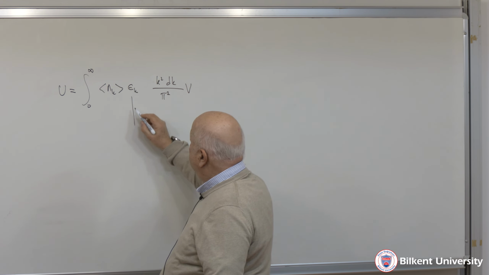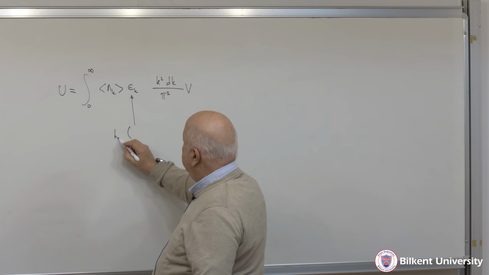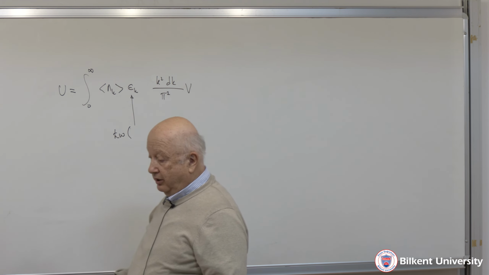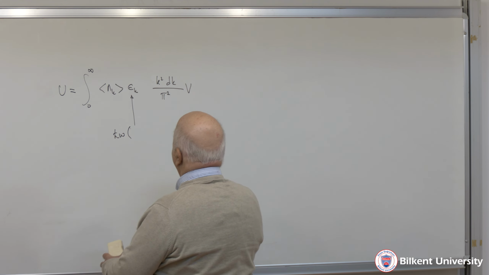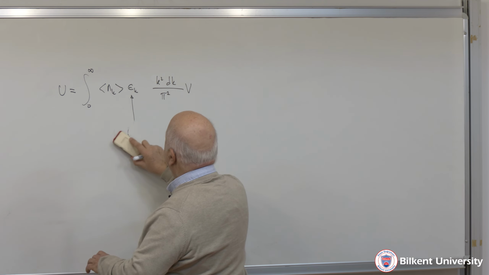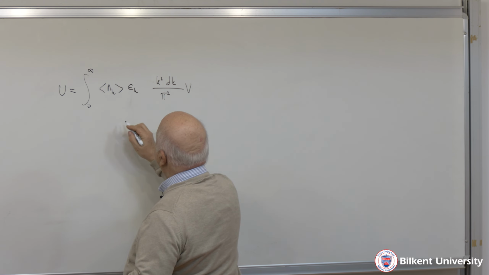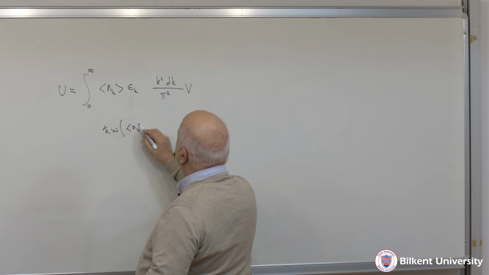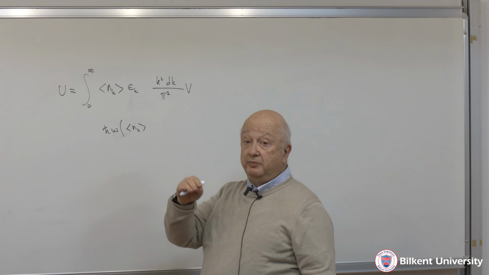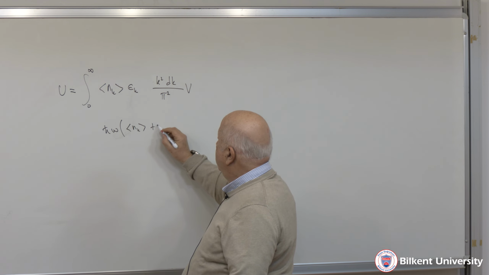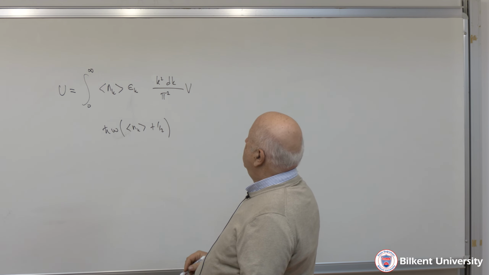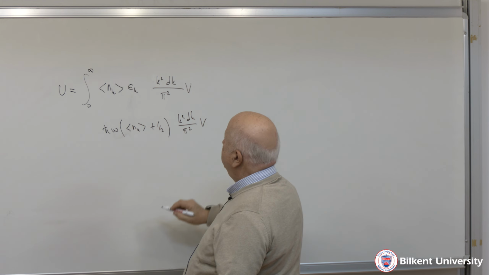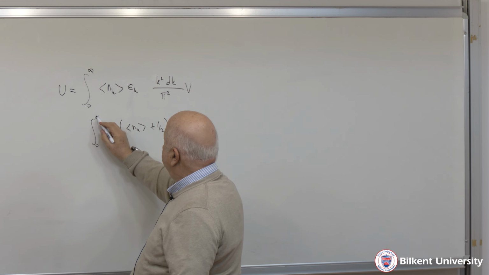But this ek is now something like h bar omega times nk. So what I should do is put in the average value of nk. So how do I do this? I'm going to replace this with h bar omega times nk, where the number of particles means the energy state of the harmonic oscillator plus 1/2, times k squared dk over pi squared v, and I still have to integrate it from 0 to infinity.